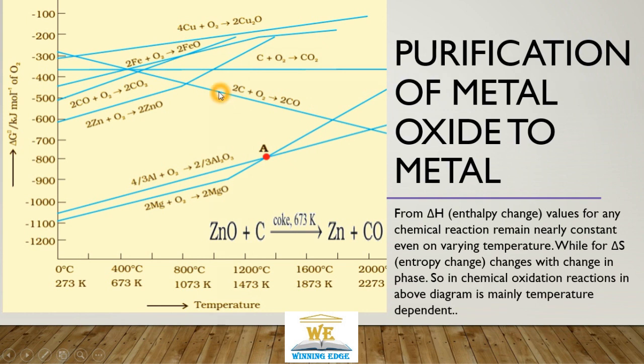CO. You see at this point, around 800 degrees Celsius, coke gets converted into carbon monoxide, somewhere here at 673 Kelvin.